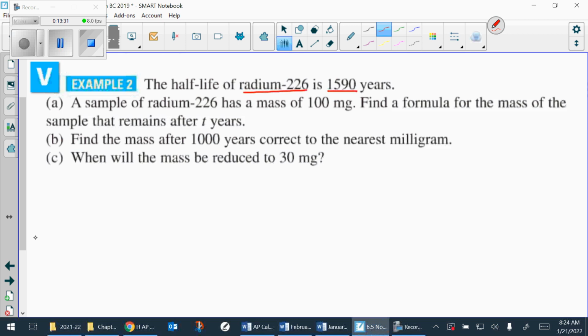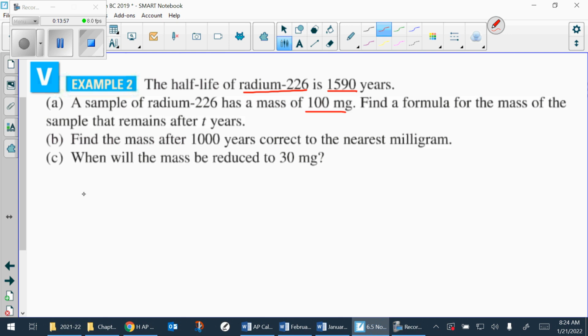Find the formula for the mass of a sample that remains after t years. Okay, so we've got this radium-226, and let's see, we've got 100 milligrams. Now that's the initial amount.